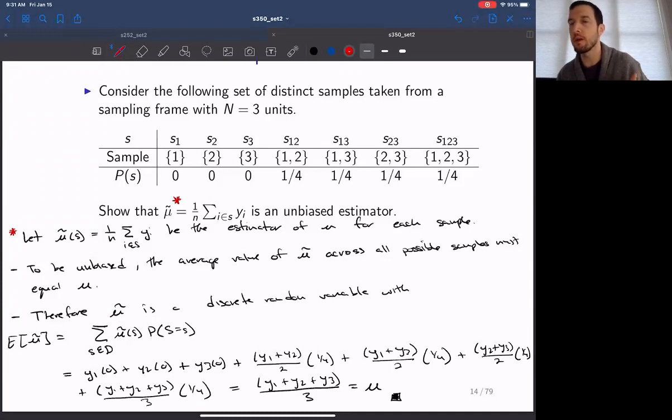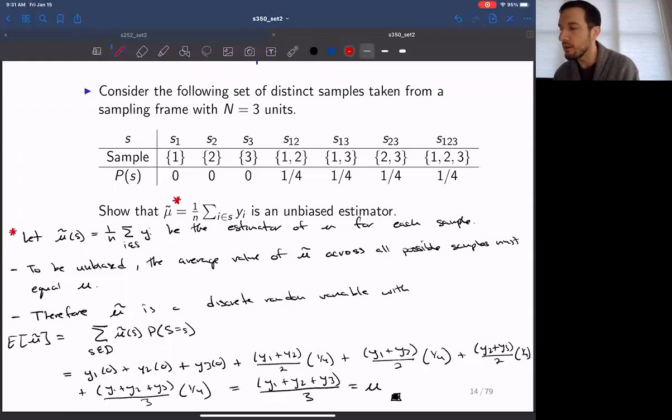And what we are showing is, in a very simple situation, how we can determine if our estimator is unbiased for, in this case, the population mean. For the estimator to be unbiased, it means that across all possible samples from the frame, its value must converge to the population value of interest.